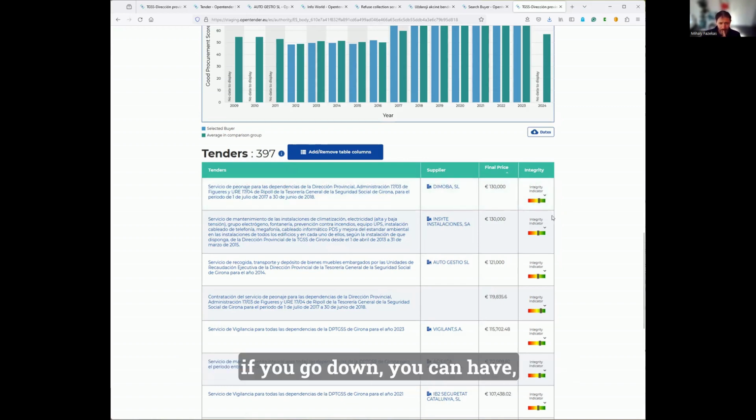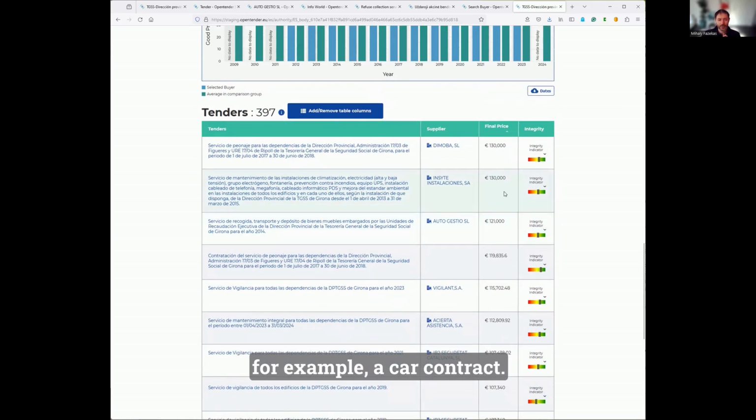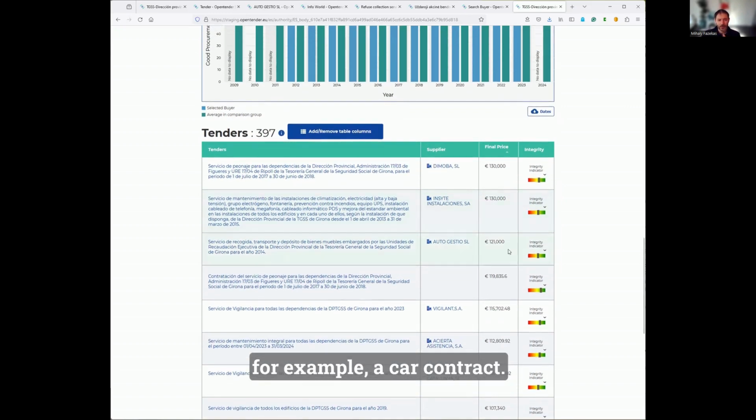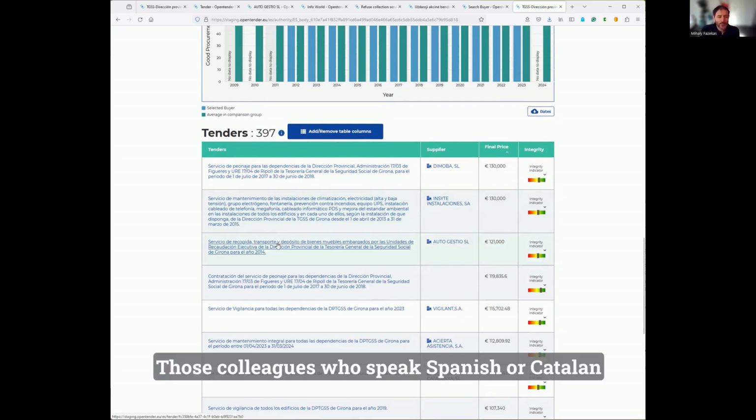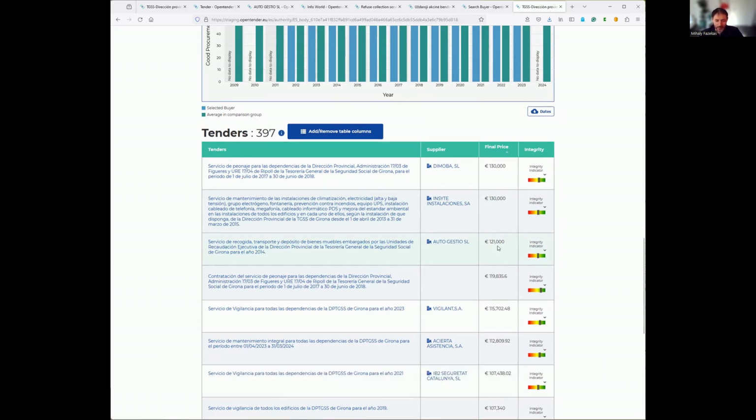Now, if you go down, you can have, for example, a car contract. Those colleagues who speak Spanish or Catalan can definitely help out here, but basically transport services from a car company, right?